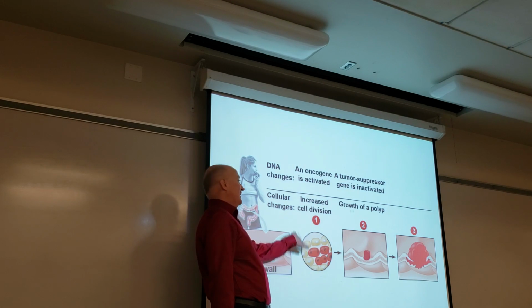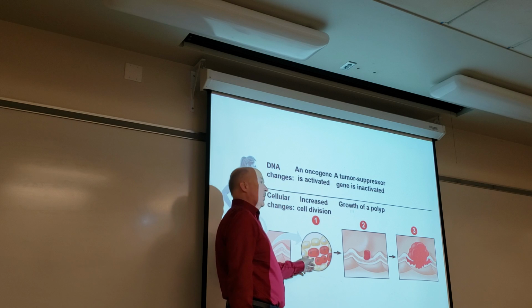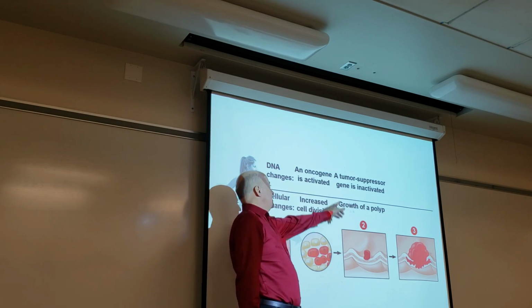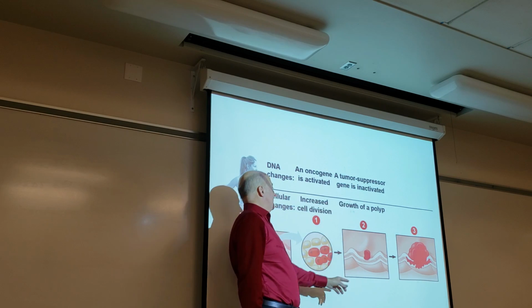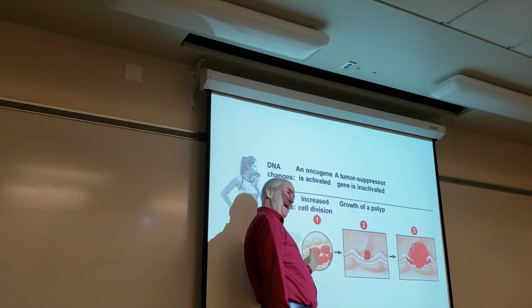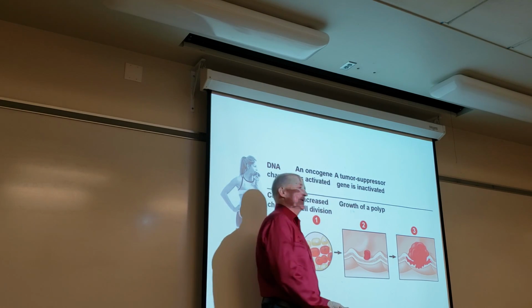Years may go by in the case of colon cancer, but you've now got a mass of a large number of cells, any one of which might develop a second mutation. So now within this initial mass of cells that all have the one mutation, a second mutation happens in one of those cells.